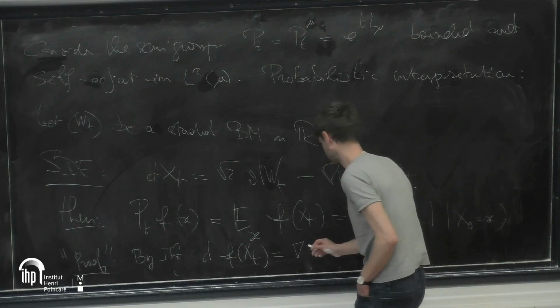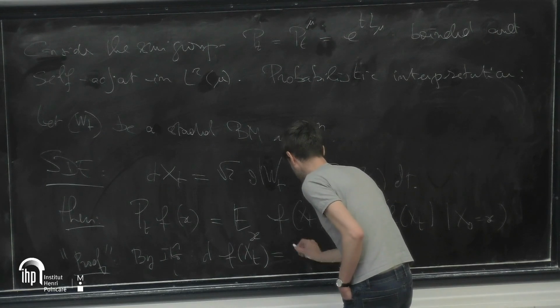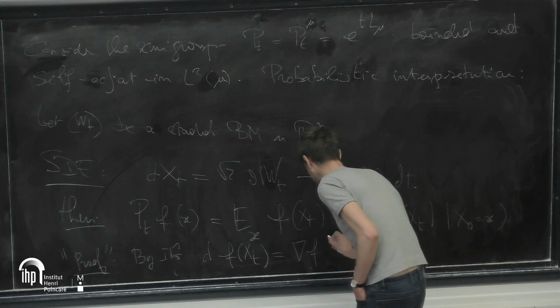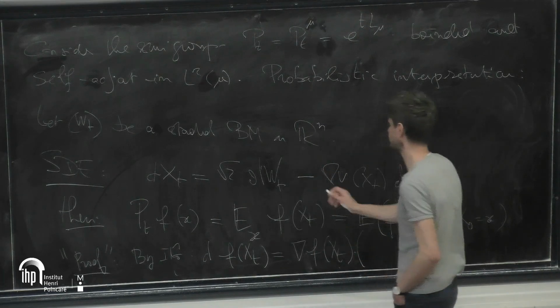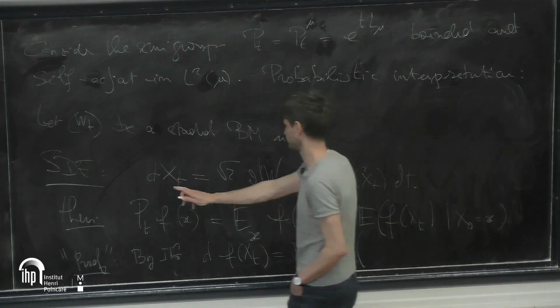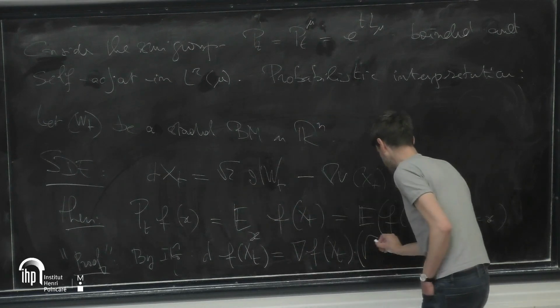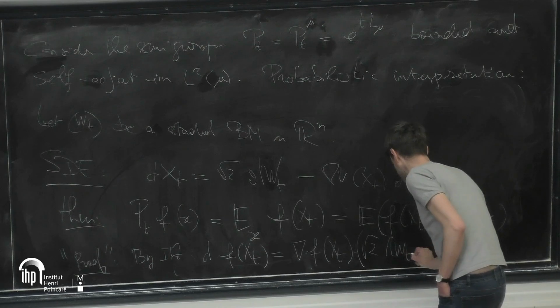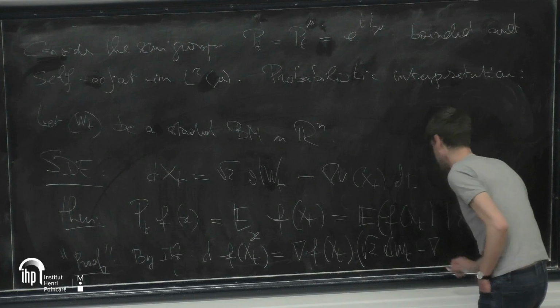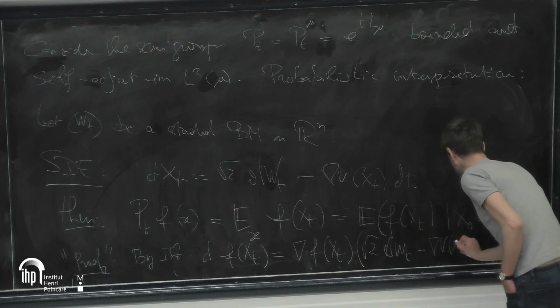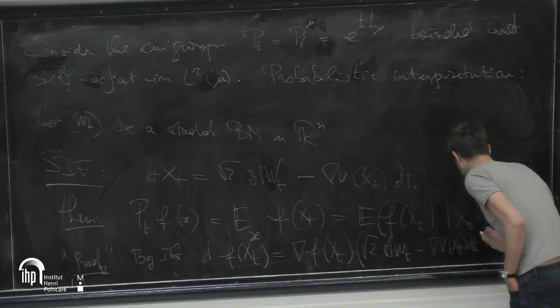So Ito formula tells you that this is grad f at Xt times the derivative of your process Xt. So the derivative, you will have this martingale part minus grad V at Xt dt.